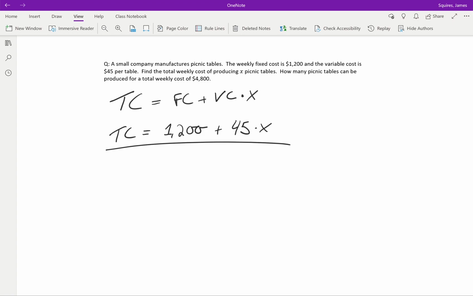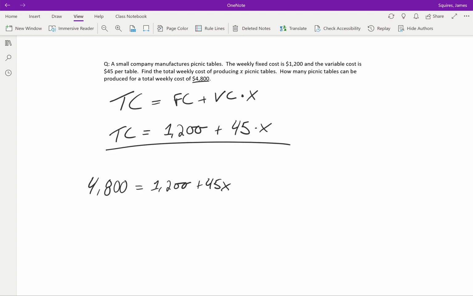So if we know the total cost, now we can answer the second part. If we know that the total cost is going to be $4,800, how many picnic tables give us a total cost of $4,800? So we can plug in 4,800 into this equation: 4,800 equals 1,200 plus 45x.